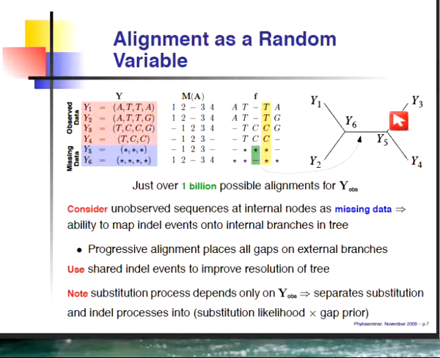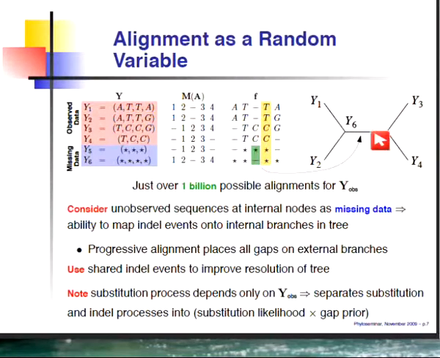For example, by doing this augmentation, we can actually pinpoint where on the tree each of the insertion and deletion events occurred. For example, this green bit right here specifies that there is a character that exists at Y5 that is homologous with the 2 C's that we observe at the end of the tree.